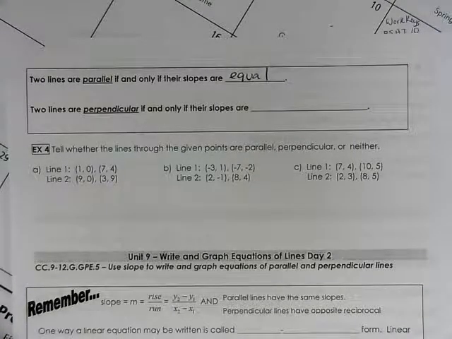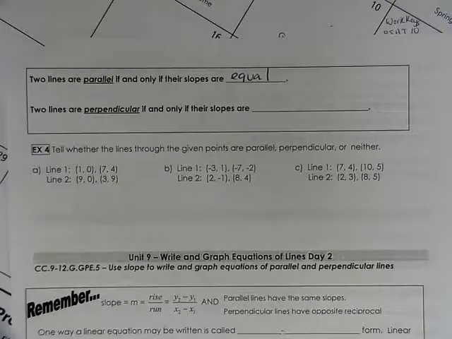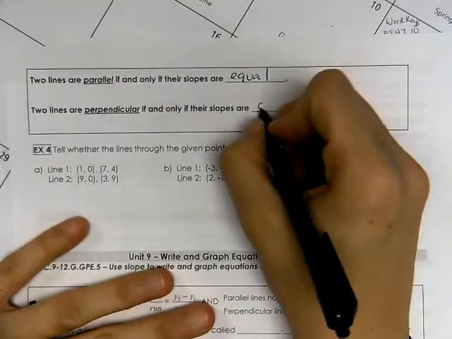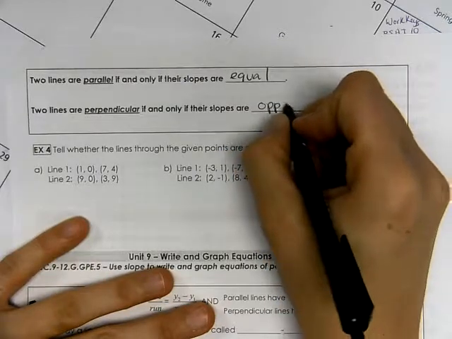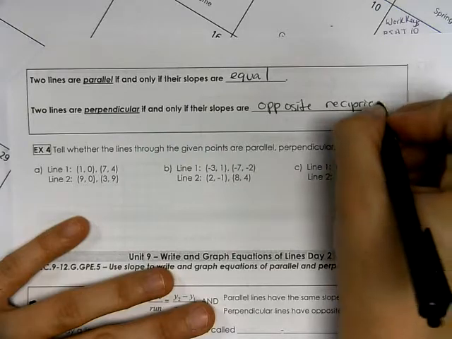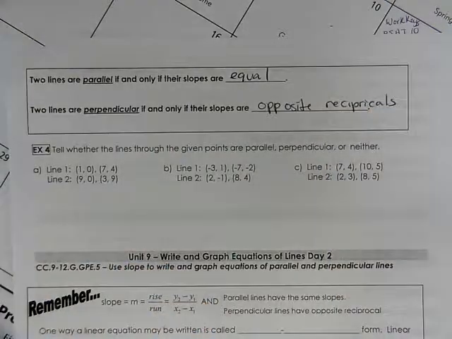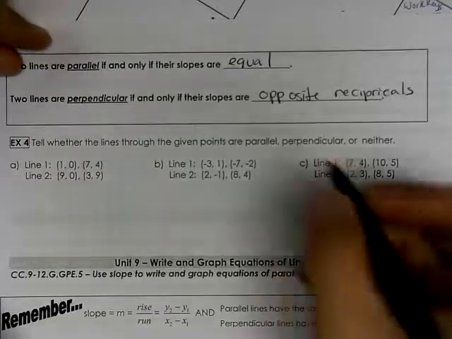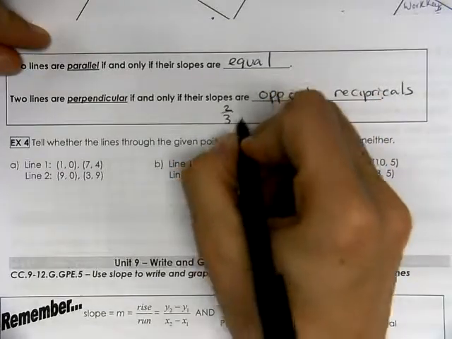Perpendicular slopes, do you guys remember what they are? Reciprocal and there's one other thing. Opposite. They have to be opposite reciprocals. So if one of the slopes is 2/3, the perpendicular slope would be what?